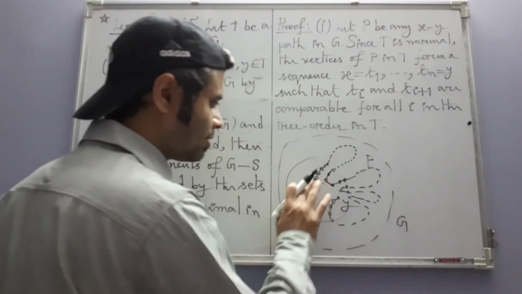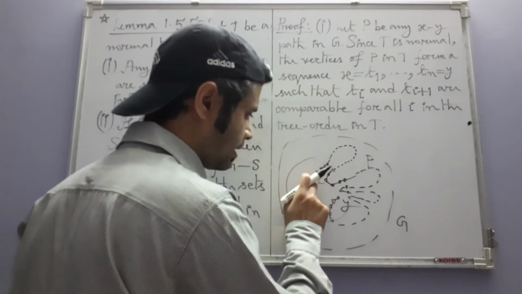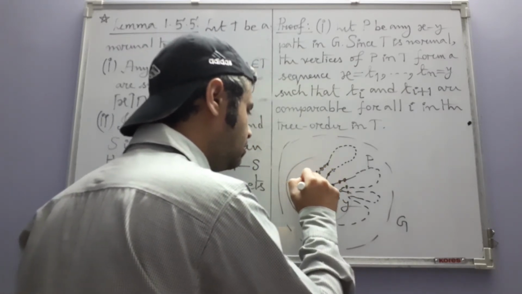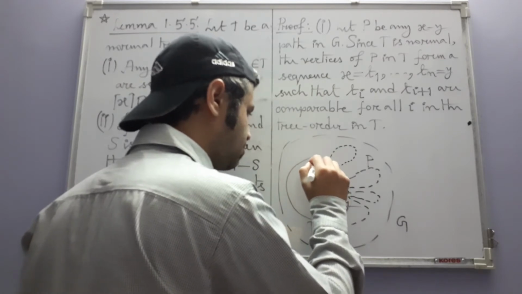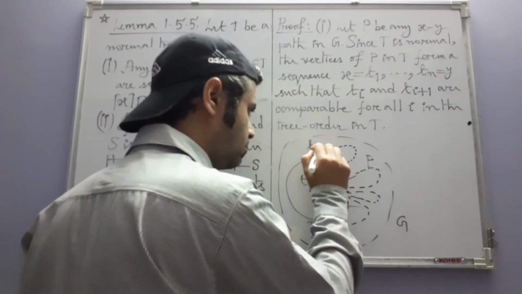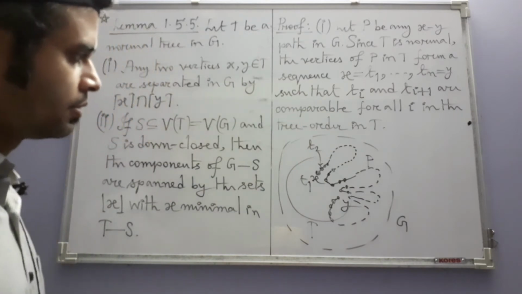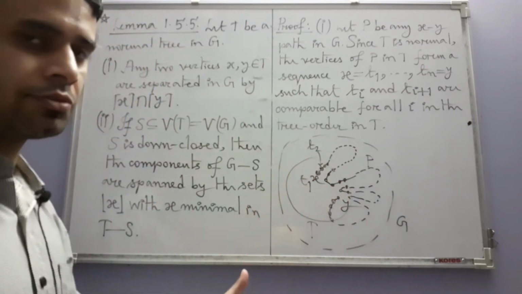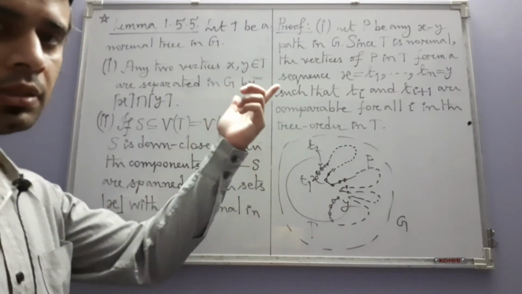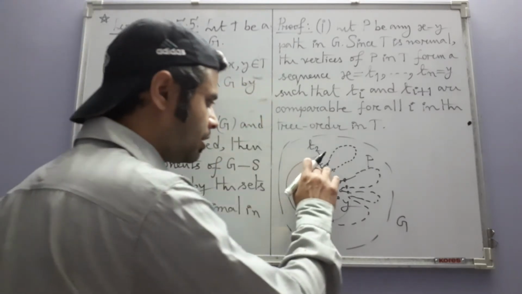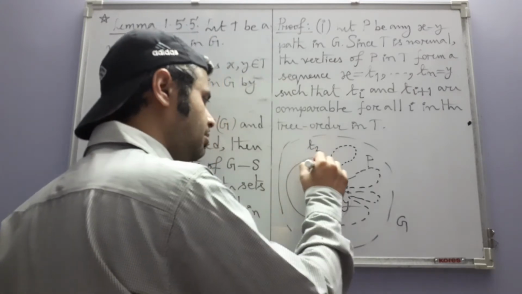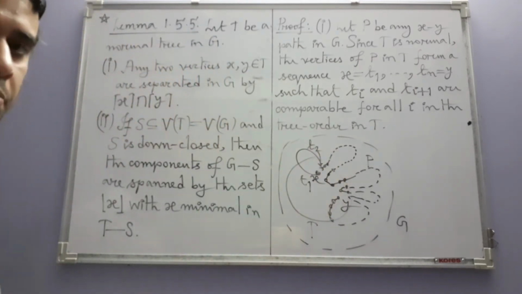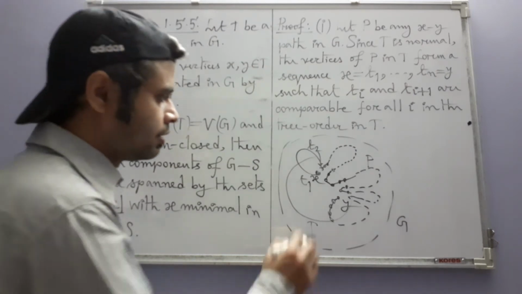You see, although I have drawn it as if this edge, say the next one, this is T1, there will be a next one, T2. It seems like the edge T1, T2 is part of T. It may not be. We have already seen in that example, it may actually be outside T also, because the path P we are choosing can be any path.